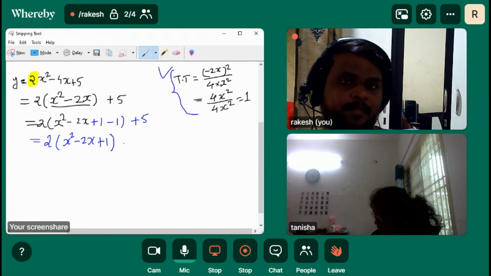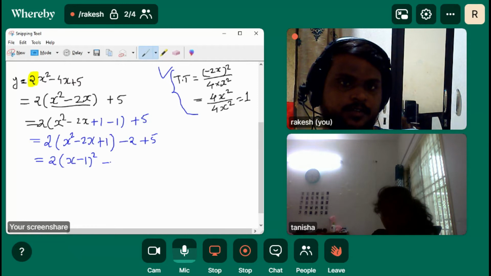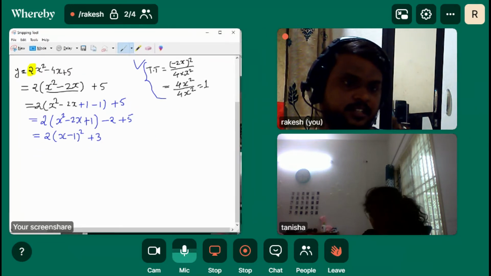And we can just separate out minus 2 by multiplying that 2 inside. We can separate out minus 2 and we'll take that with 5. So 2 bracket x minus 1 the whole square plus 3. Is that fine till this?